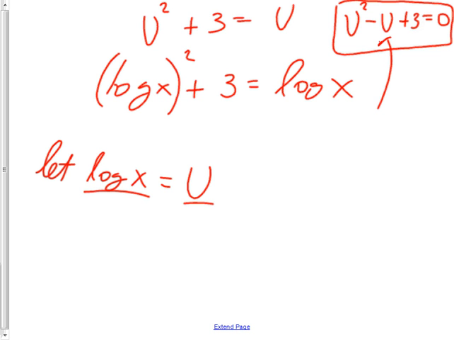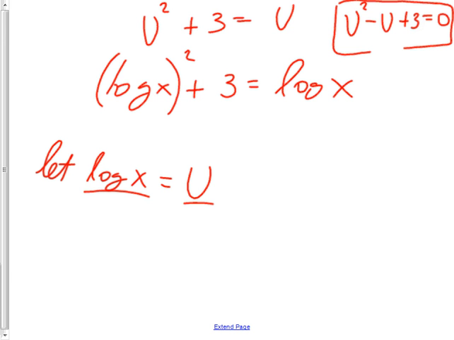Did it factor, by the way? U and u, and a 3 and a 1. Yeah, 3 and a 1 is not going to be able to make a negative 1 u in the middle. So you're right. We'd have to use the quadratic formula. I'm going to stop there and just say, yeah, that wouldn't be that bad if I had made it factorable.